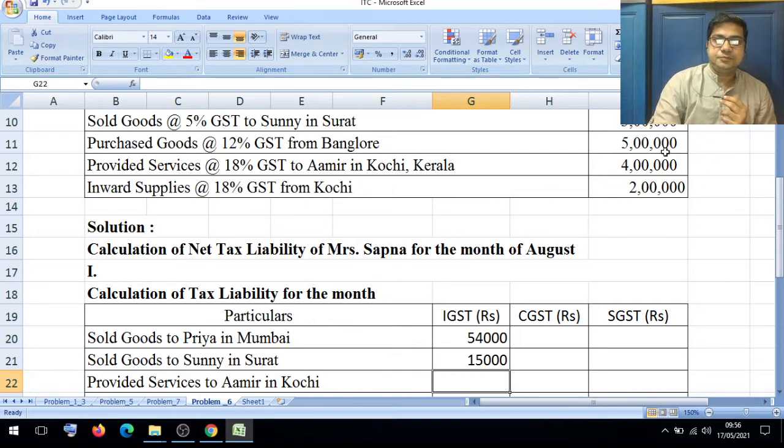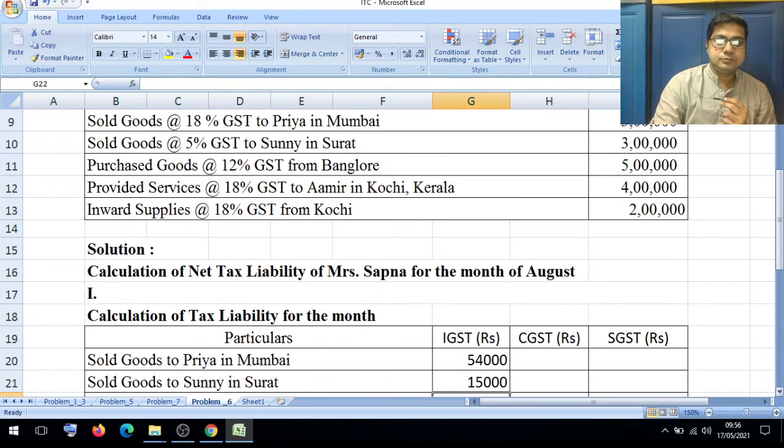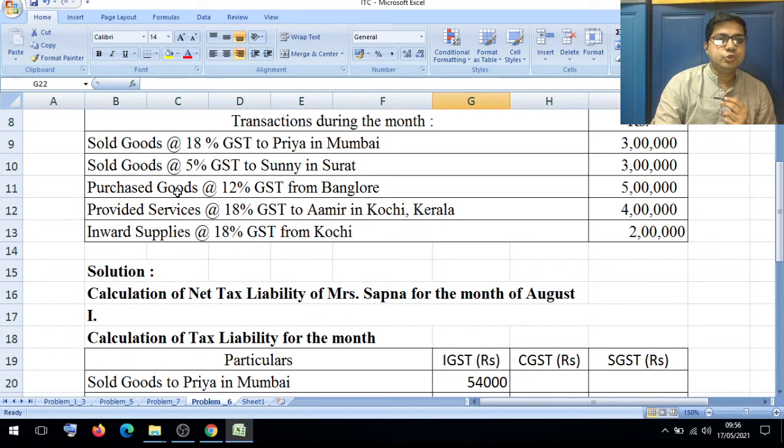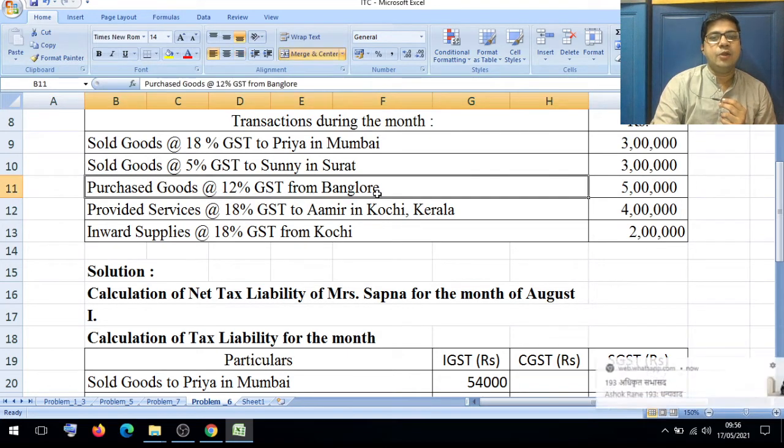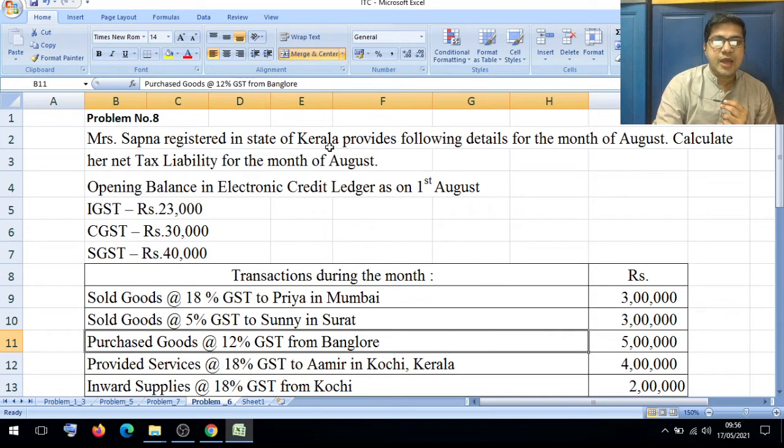Then, next transaction: purchase of goods at the rate of 12% GST from Bangalore. Sapna belongs to Kerala. She purchased the goods from Bangalore.